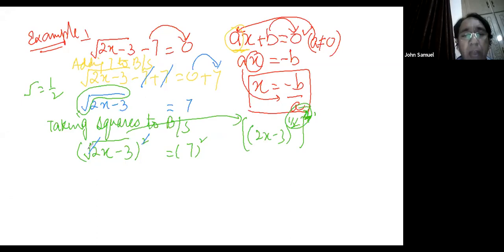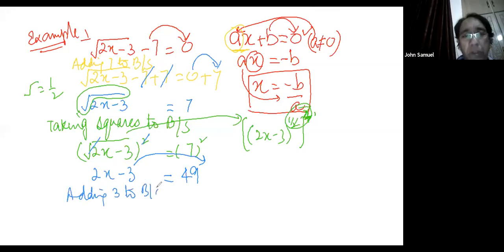Now you have isolated this from the radical sign. 2x minus 3 is equal to 49. Then you can shift this constant to the other side. How? Using the properties, adding 3 to both sides.